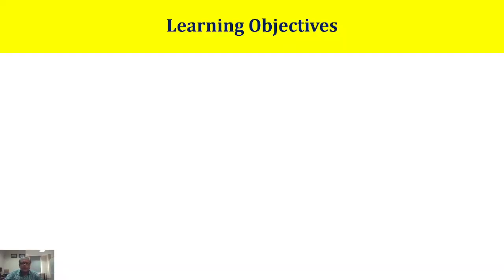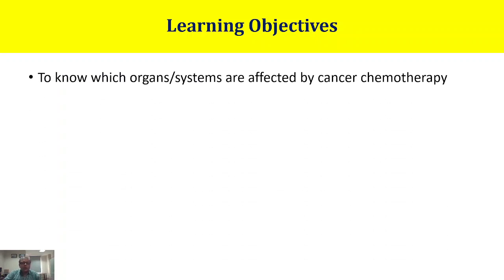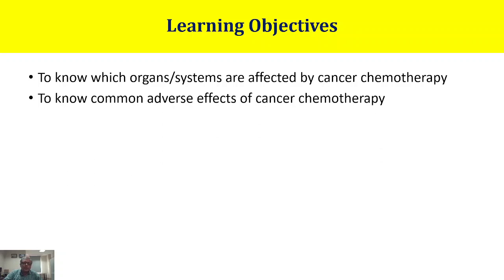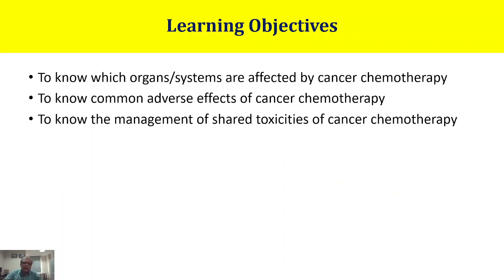The learning objectives of this session are to know which organs or systems are commonly affected by cancer chemotherapy, to know the common adverse effects with cancer chemotherapy, and how to manage these common toxicities. Right?